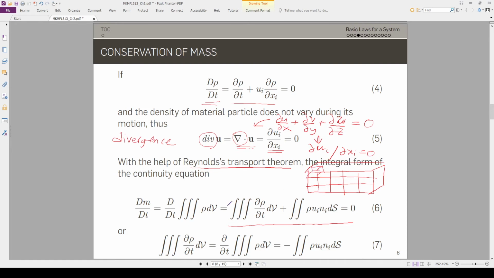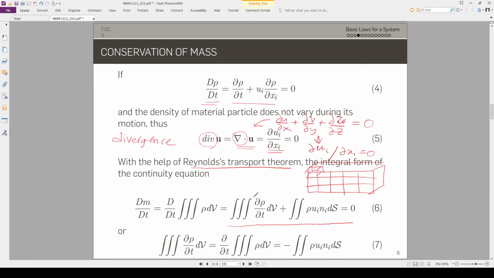This integral form of the conservation law equations allows us to solve the continuity, momentum and energy equations in a smaller domain, then we integrate.